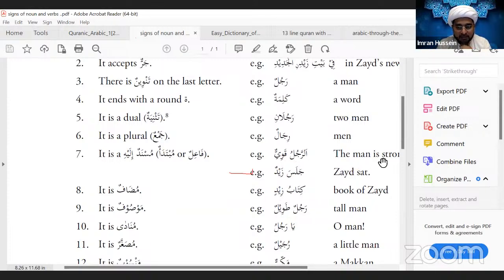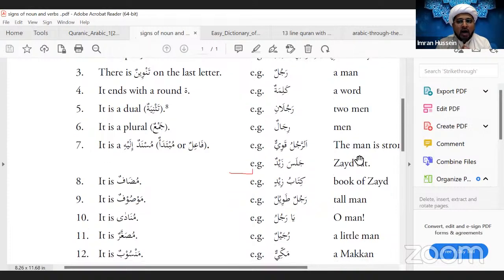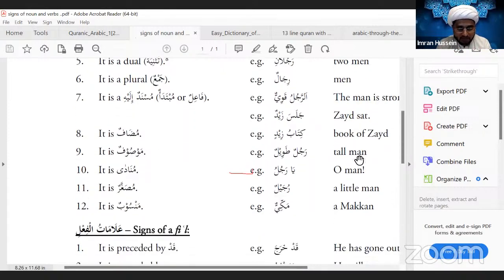The man, ar-rajulu, is always a noun in the Arabic language. I'll do this in more detail, but a noun can start a sentence or a verb can start a sentence, and the sign of a noun is that it will have the al in the beginning, for example alhamdu in Surah Al-Hamd, which comes at the beginning of the sentence. Okay, this is enough, I will explain this later.